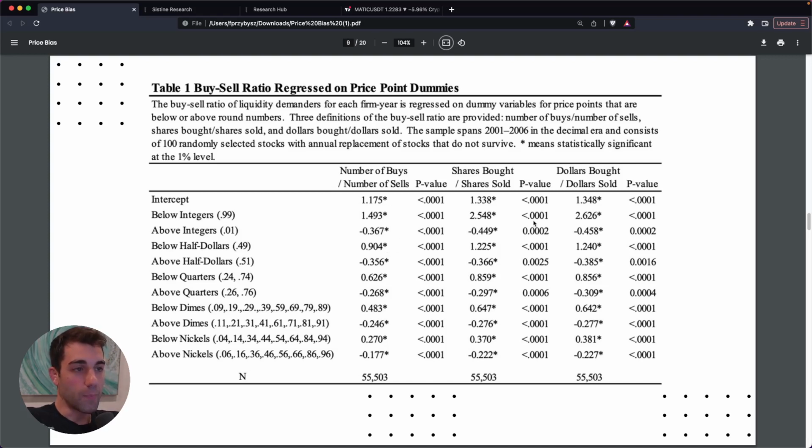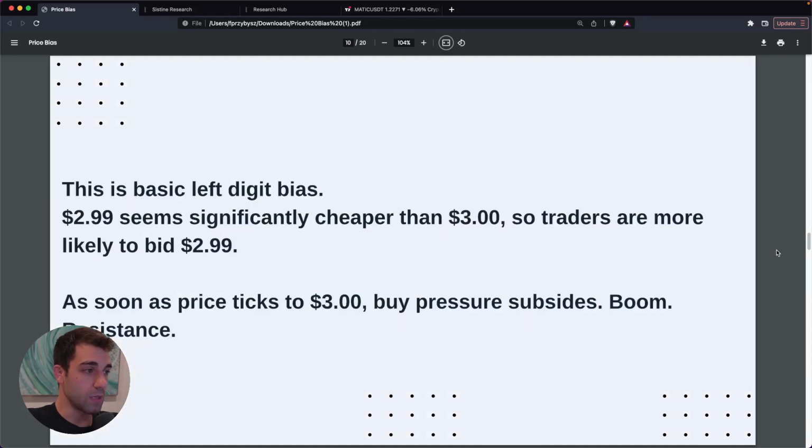So feel free to pause and read this table if you would like. What you really need to know is that these even dollar amounts, the 50 level, as well as the quarter level, are statistically significant support and resistance levels because humans are predisposed to pricing bias. So this is just basic left digit bias.